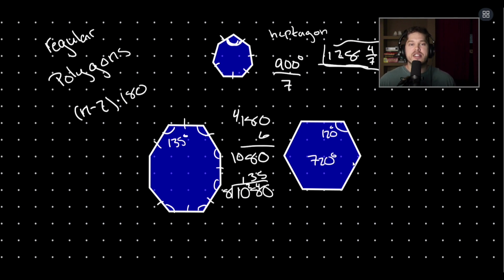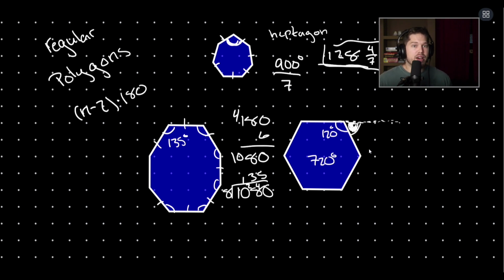Now, what if I ask you for what is the exterior angle's measurement? And what even is the exterior angle? Well, pretend like you just continue out the side length of your hexagon or of your polygon in question. This angle here that forms a linear pair with your interior angle is your exterior angle.